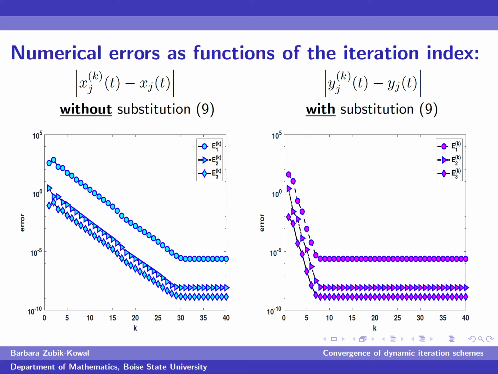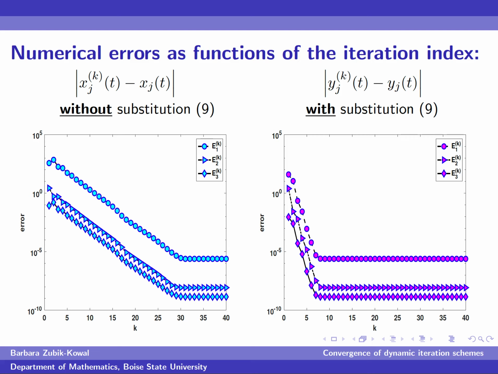And here the numerical errors for both numerical schemes with and without the substitution involving the function zt are presented in these two figures respectively. The left-hand side figure presents the errors for the system without the substitution, while the right-hand side figure presents the errors for the system involving the function zt from the substitution 9.